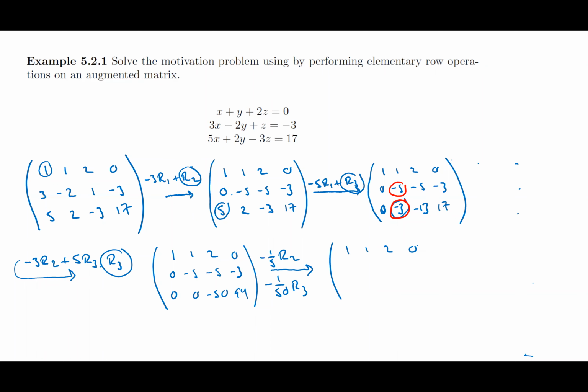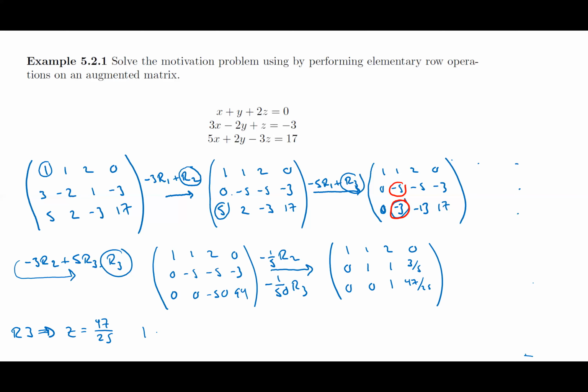So there's row 1, and then we have 1, 1, 3/5. And then for row 3, 0, 0, 1. And then 94/50 is 47/25. Okay. And so row 3 tells me that Z equals 47/25.